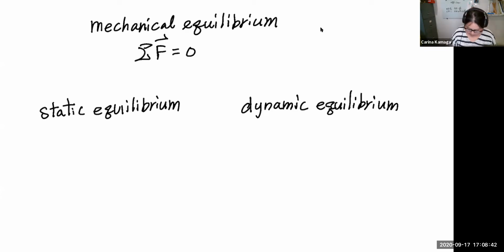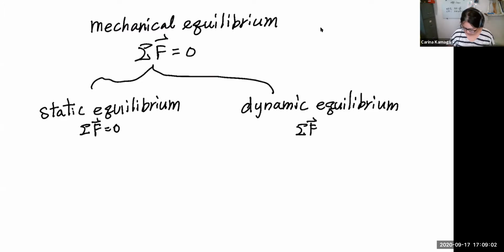Either way, the net force is 0. Dynamic equilibrium or static equilibrium, net force is 0. Equilibrium means just net force is equal to 0. So I can again write it here. Just say net force equals 0.